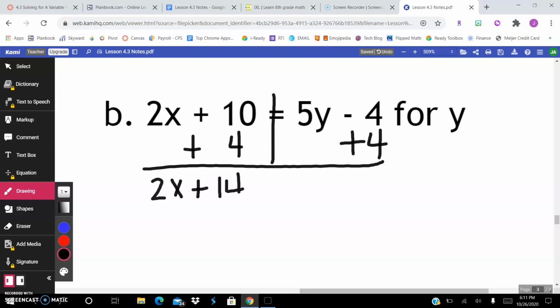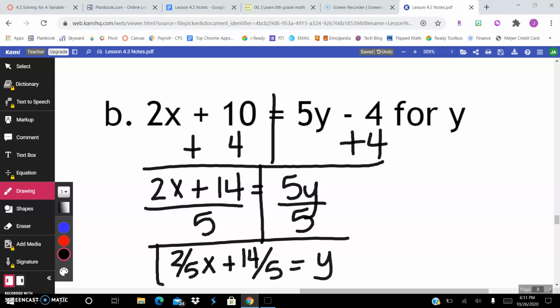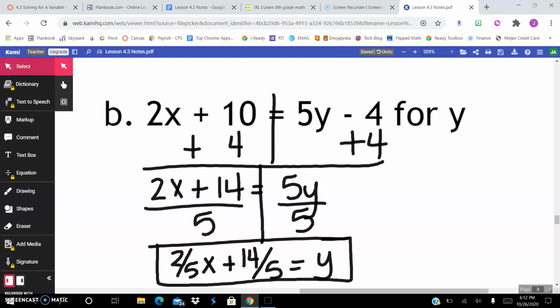So that would become 14. And then I have the 5 to get rid of, so I'm going to have to divide both sides by 5. So now I'm going to have to divide both of these numbers by 5, so I'm going to have 2/5 x plus 14/5 equals y. And we have solved for y, so that is our final answer.